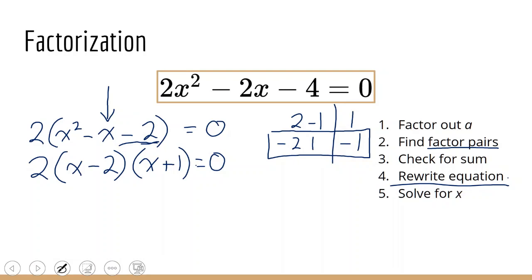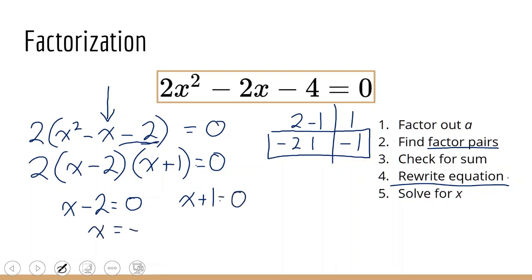If you are not confident that this is correct, you can go ahead and expand it out and confirm that you return back to the original equation. Now, since these are all multiplied together and it's equal to 0, we know at least one of these must be 0. And so now let's figure out what are the cases where one of these would be equal to 0.